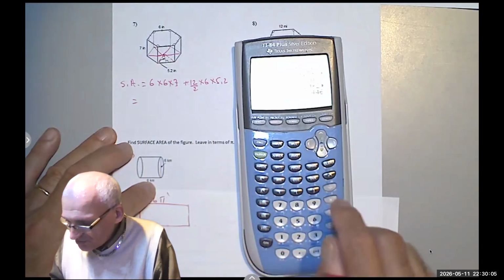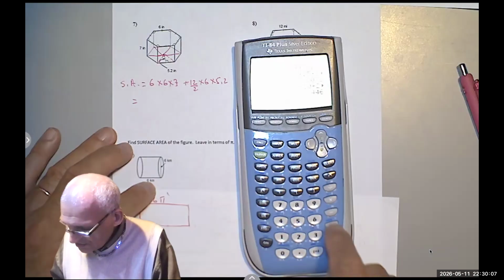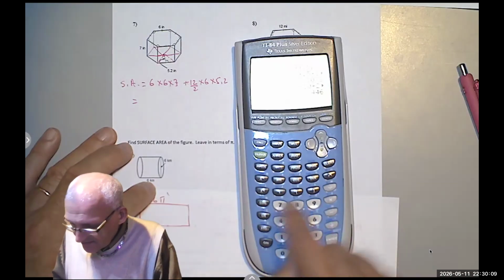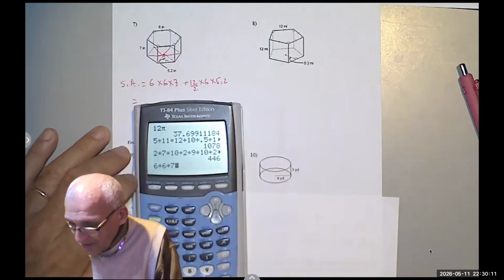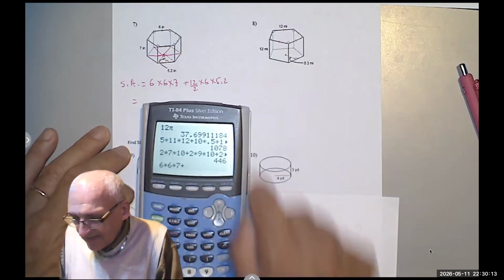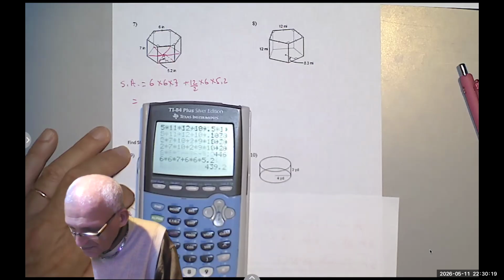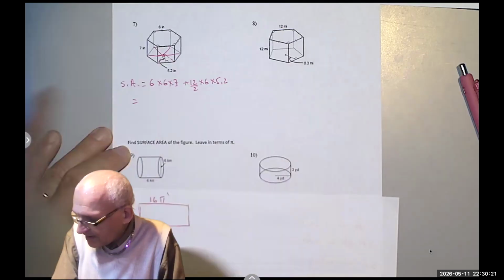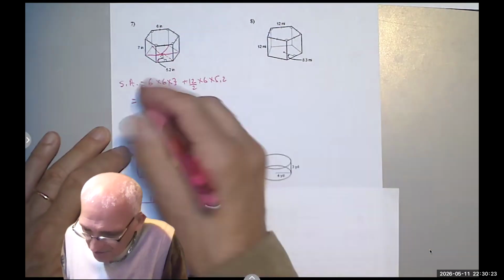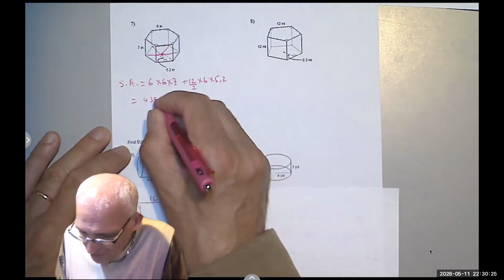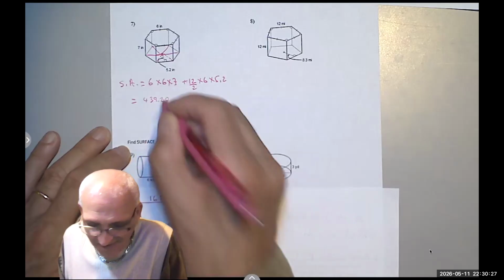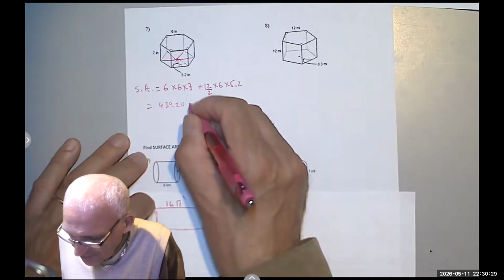They want it to the nearest 100th. So I get 6 times 6 times 7 plus 1/2. 12 over 2 is 6, so 6 times 6 times 5.2. And you get 439.20, since they want it to the nearest hundredth, square inch.